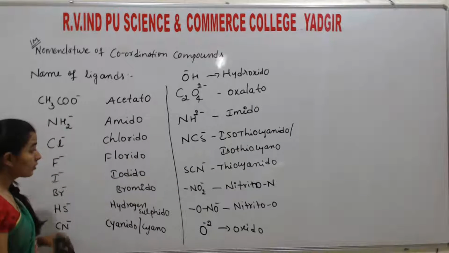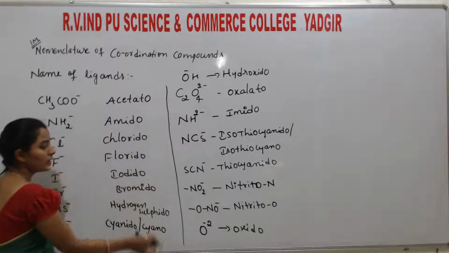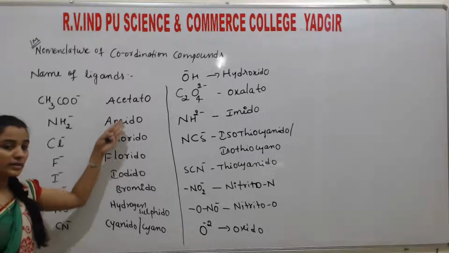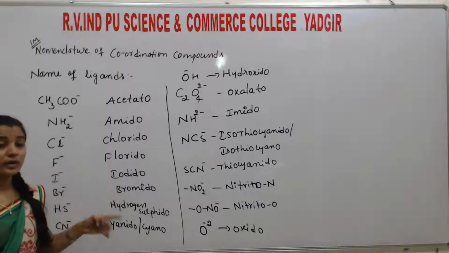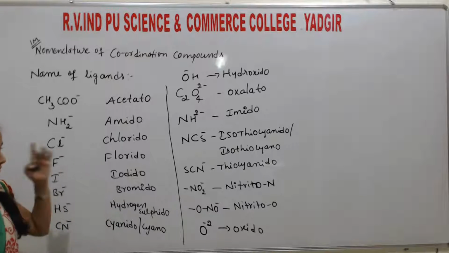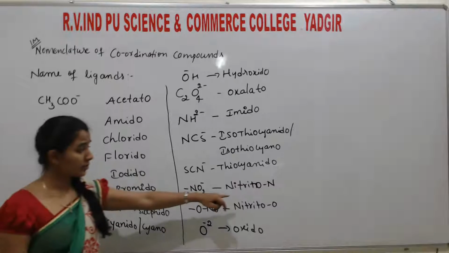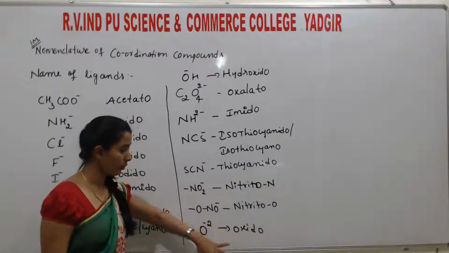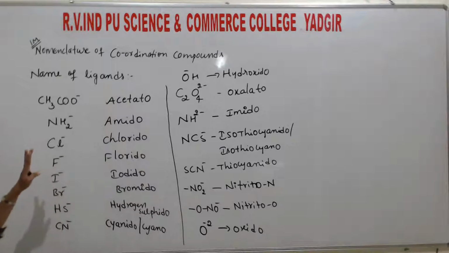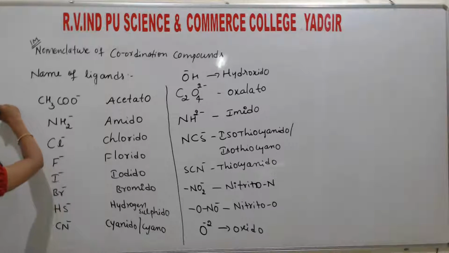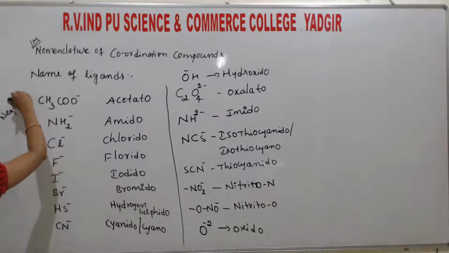So students, what are you going to write? The last E after all these anions is replaced by O. Okay, so this is here also: nitrite, nitrito; oxide, oxido. Okay, so this is the name of the ligand if they are negatively charged.